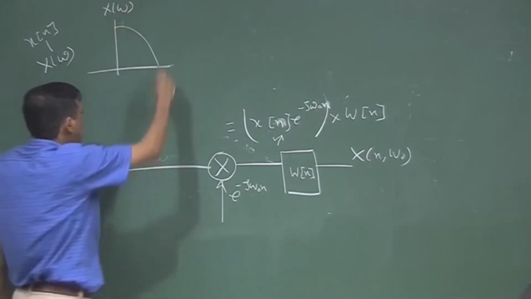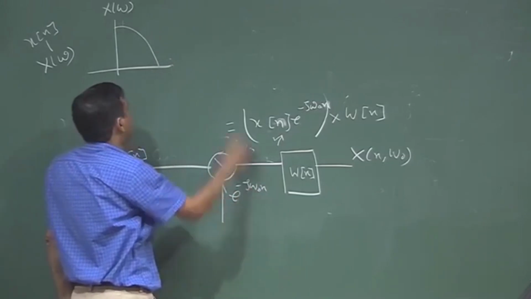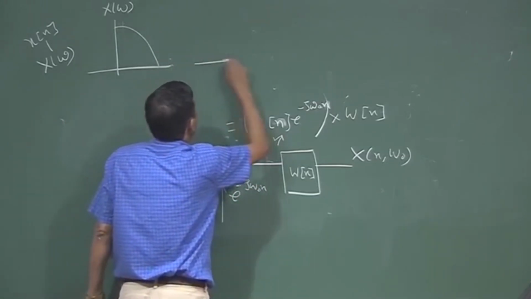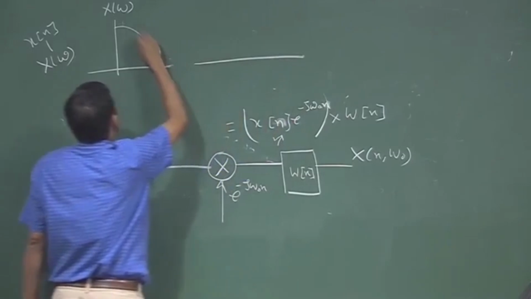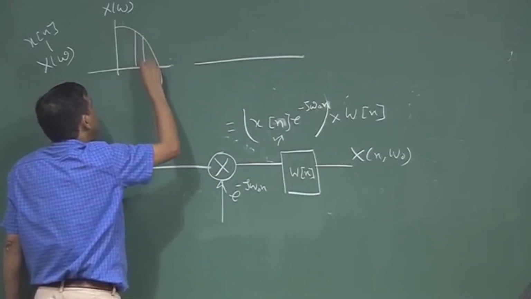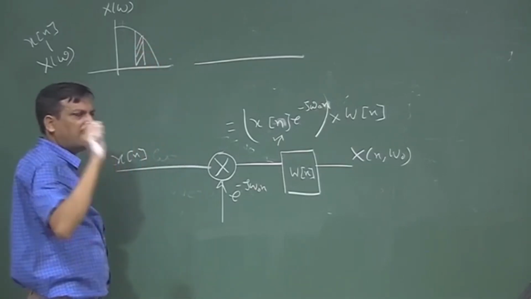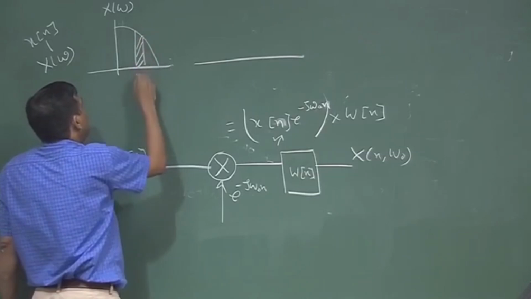It has to be modulated by e to the power j omega 0 n. Once I modulate, instead of omega 0 being a single frequency, this frequency band is my omega 0.